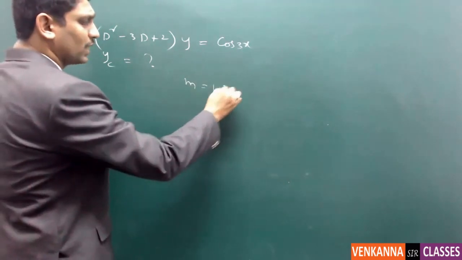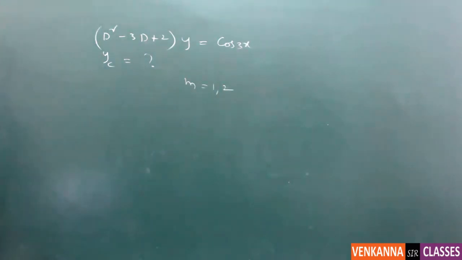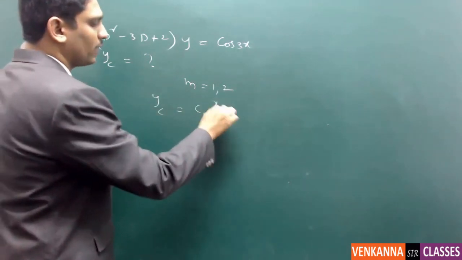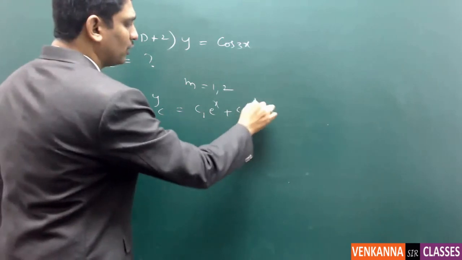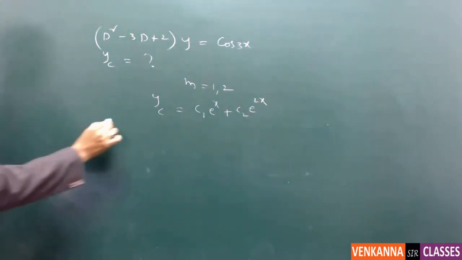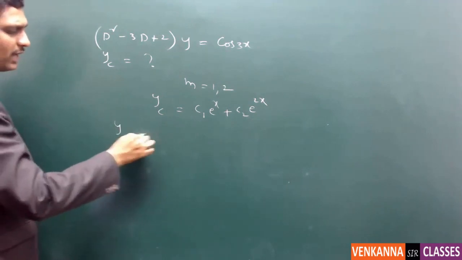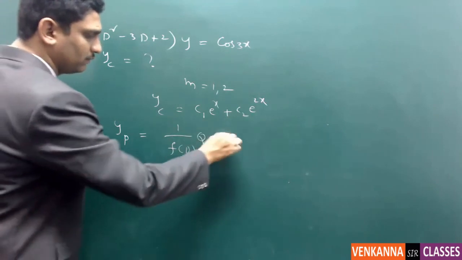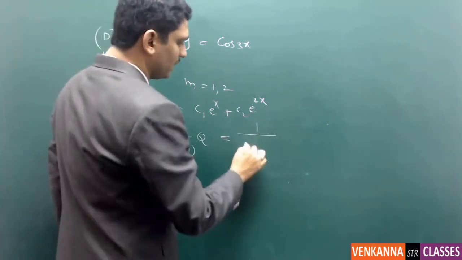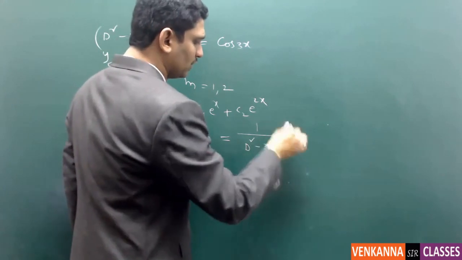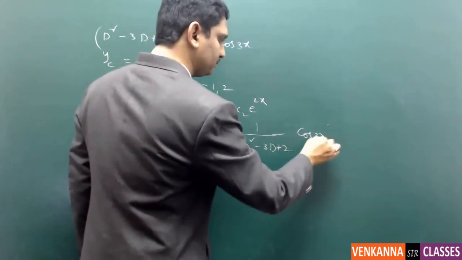So if you calculate the roots, m equals 1, 2, so the complementary function yc is c1 e power x plus c2 e power 2x. Coming to yp, as the formula is given by 1 by f of D into Q, it equals 1 by D square minus 3D plus 2 into cos 3x.